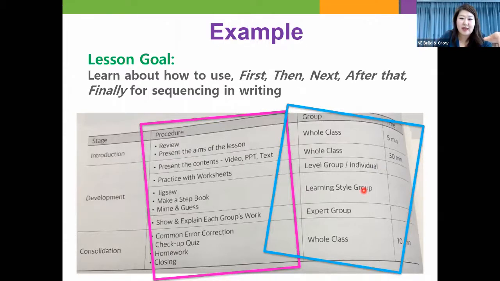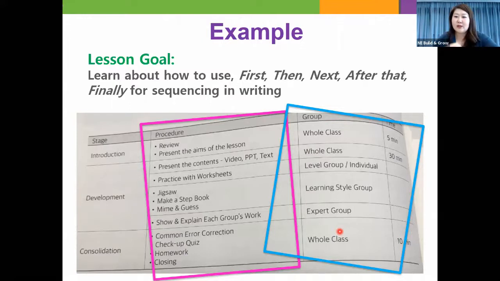And then after that, learning style group. When you do the jigsaw, make a step book, mime and guess, learning style group, quite interesting, right? And then after that, expert group and whole class again. If you look at this lesson plan, this is very similar to what I'm doing, right? I totally agree with you.